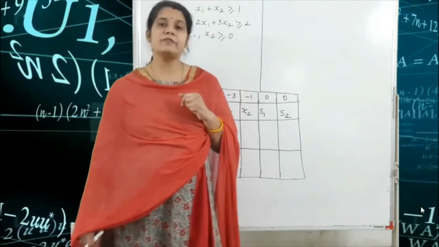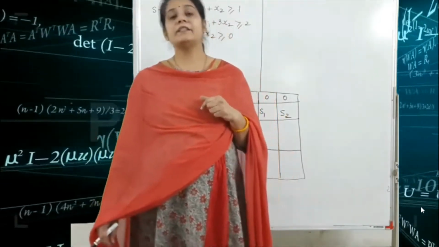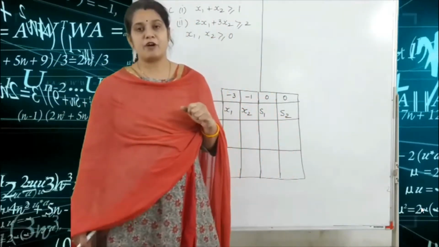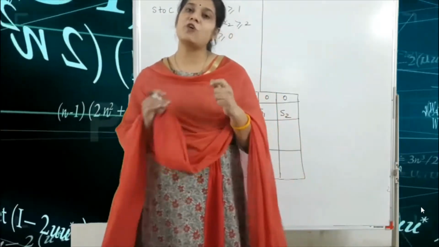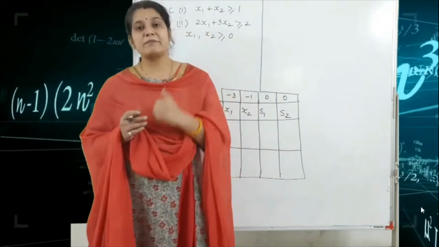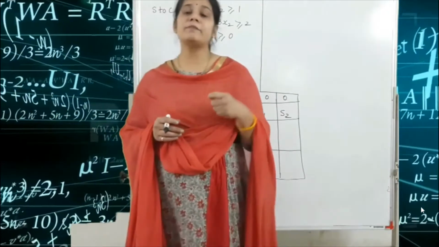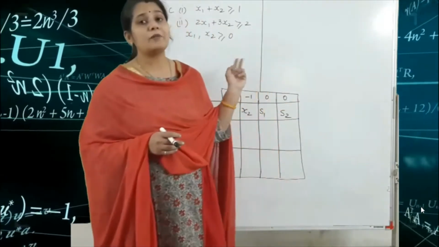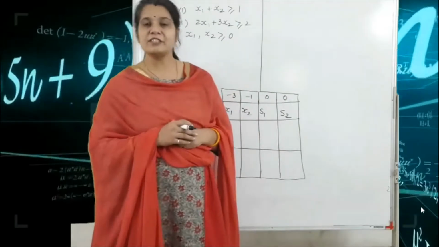Sometimes a question is given for the simplex method but in minimization format. We have already seen that the simplex method is always used for the maximization form, so first you convert it into the maximization format. So let's start the dual simplex method.